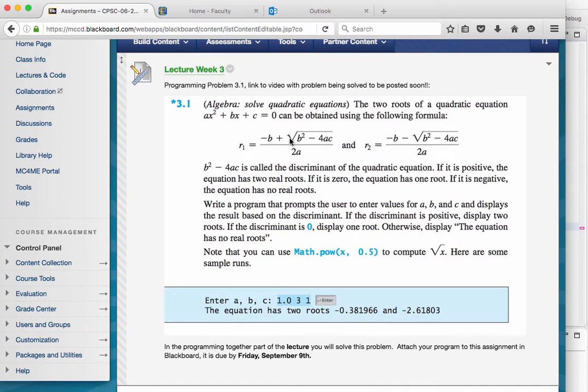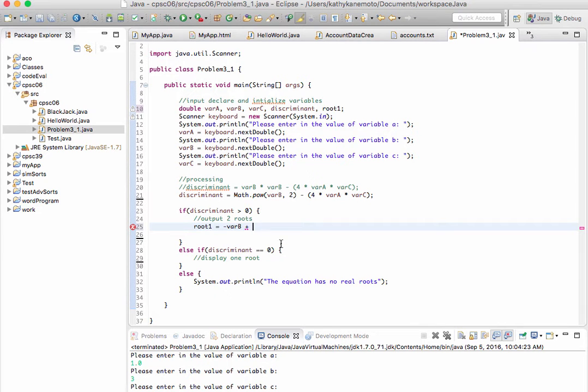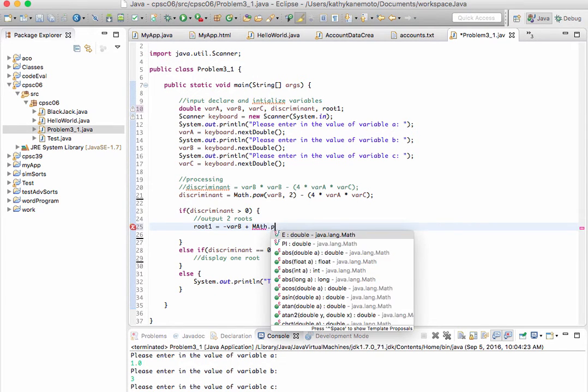And how do we take the square root of something? He gives us a hint down here at the bottom. He said you can use math.pow with the second argument set to 0.5 to take the square root of the first argument that you send to this function. So we can use this math.pow function with our discriminant as the value of x. So we'll write math.pow.